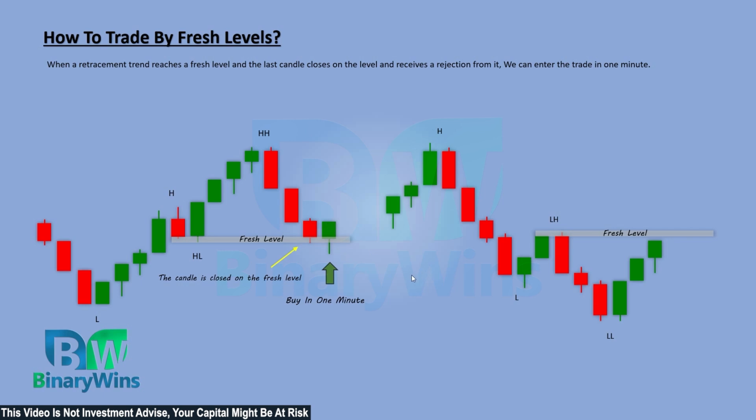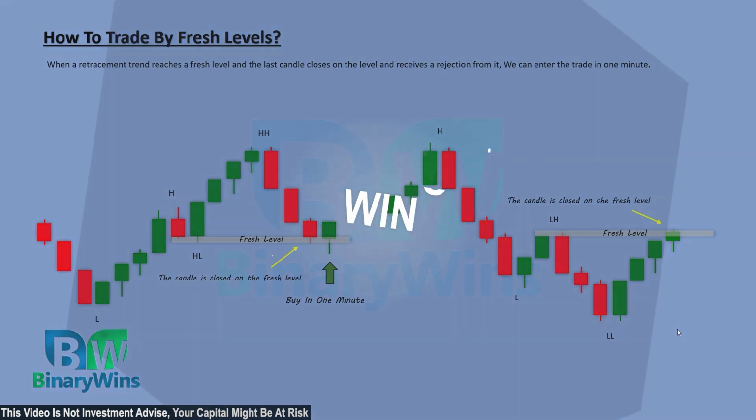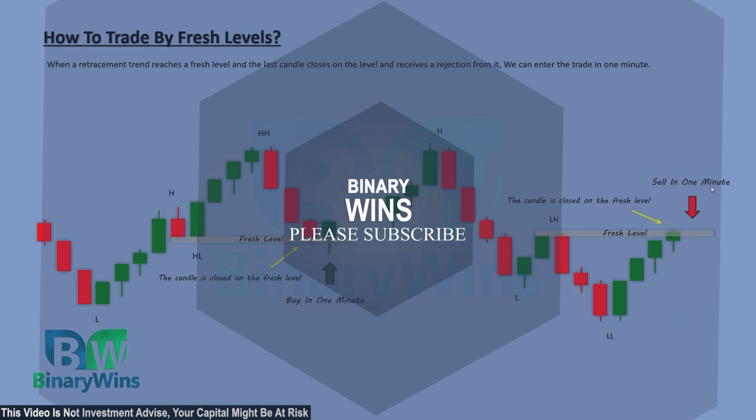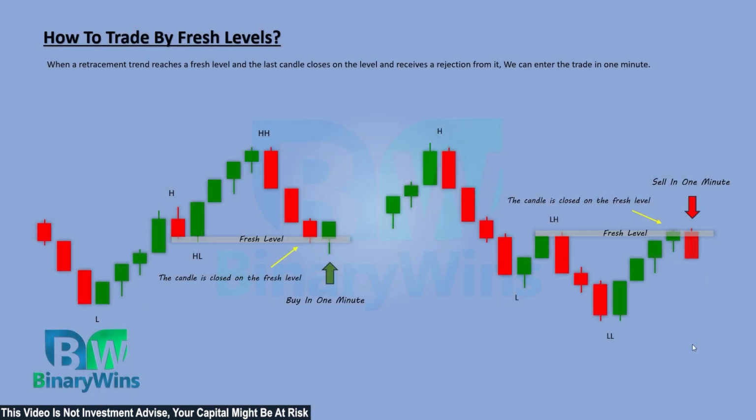In the same way, in the downtrend, my candle is closed on the level. After the candle closes, I enter the selling position on the next candle, which means we are still trading in the same direction as the trend, and we follow this principle.